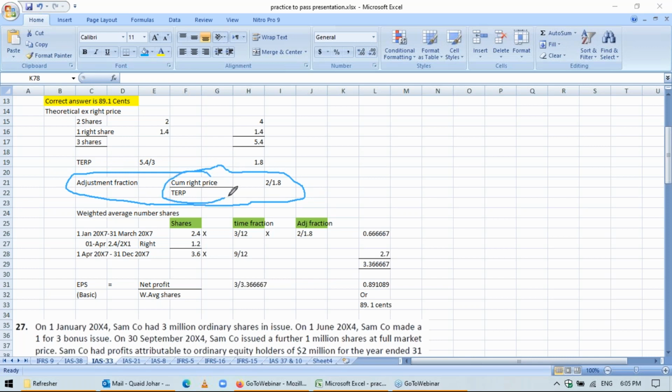This was our adjustment fraction. But now it is reversed. Theoretical ex-right price is appearing in the numerator now. So let's first calculate the theoretical ex-right price and then calculate the restated EPS.